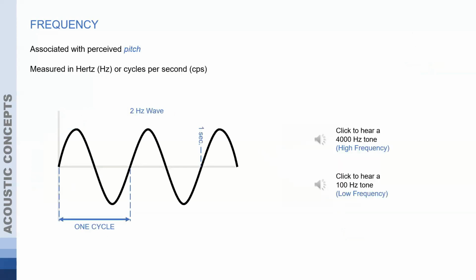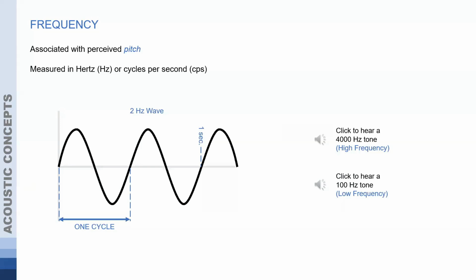The other thing we talked about a little bit was frequency. Frequency, some may look at it as pitch as well, this low and high frequency. As we said, it's measured in hertz or cycles per second. One cycle is the full compression and rarefaction.